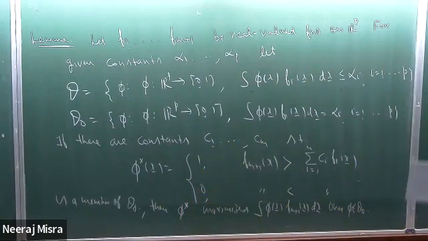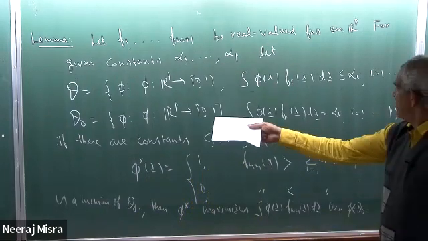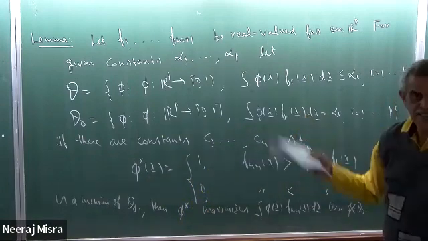Now, if these c_i's were such that they are non-negative, then this would maximize, in fact, this quantity over D. Okay?